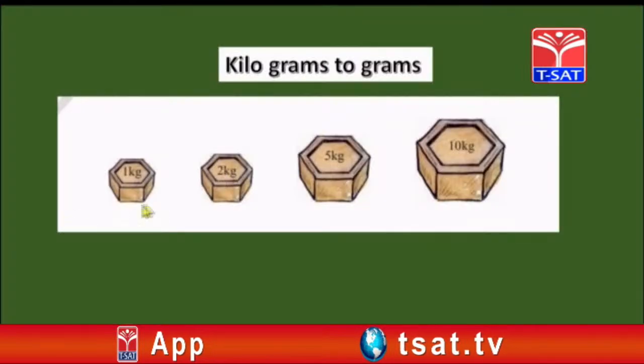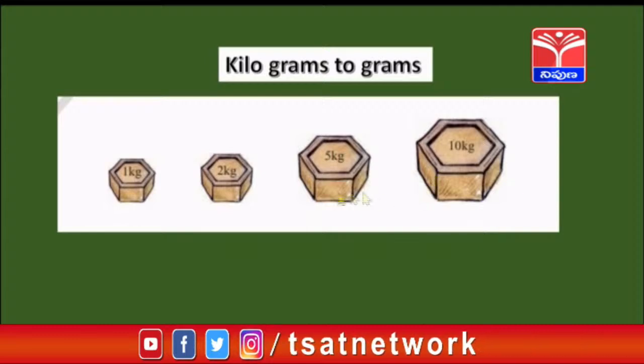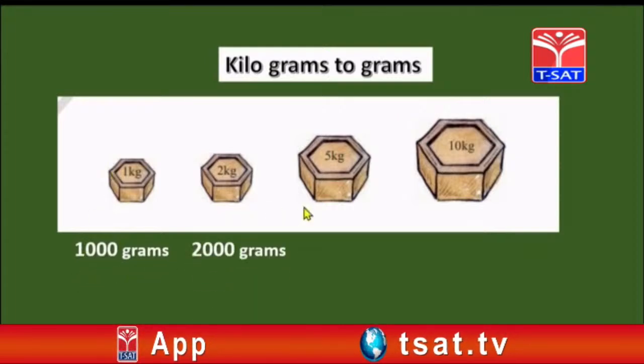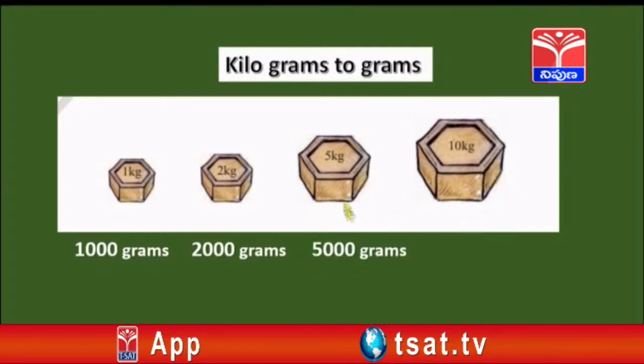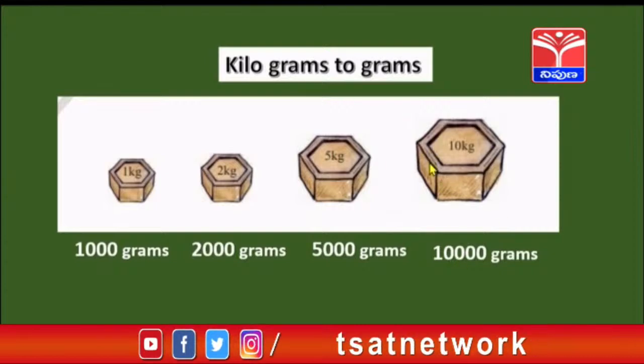Children, look at these weights. This is 1 kilogram, 2 kilograms, 5 kilograms and 10 kilograms. Now let us know them in terms of grams. 1 kilogram is equal to 1000 grams, 2 kilograms is equal to 2000 grams, 5 kilograms is equal to 5000 grams and 10 kilograms is equal to 10,000 grams.